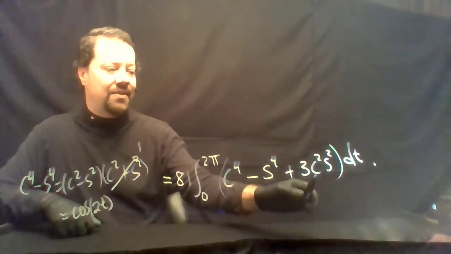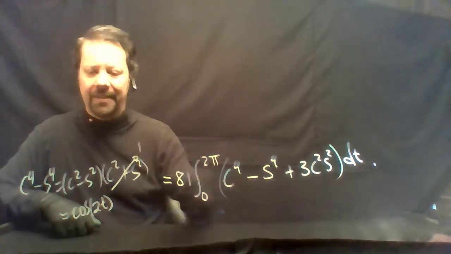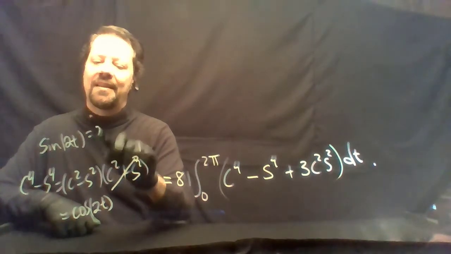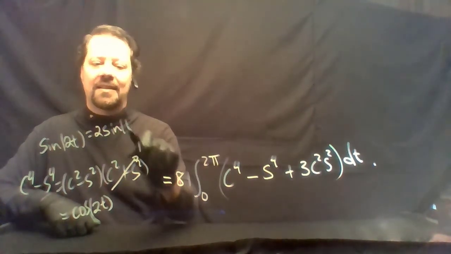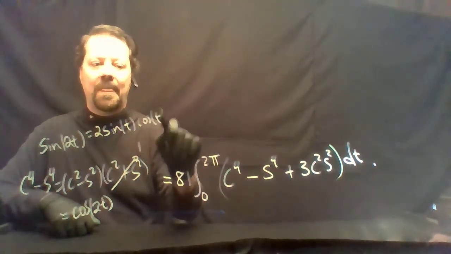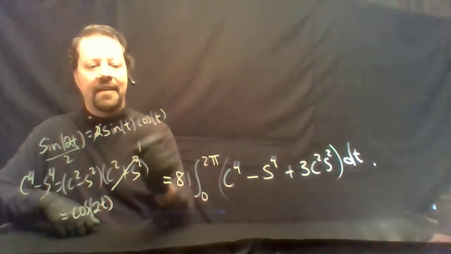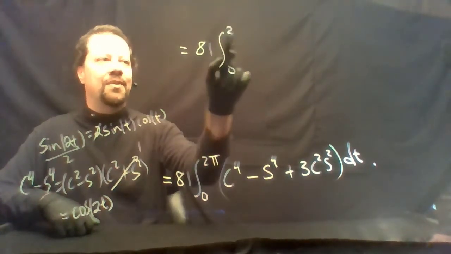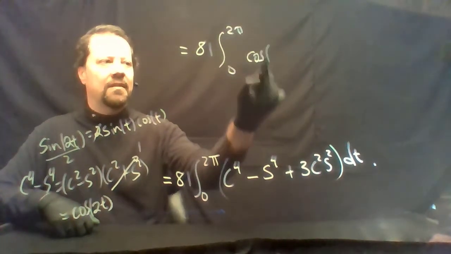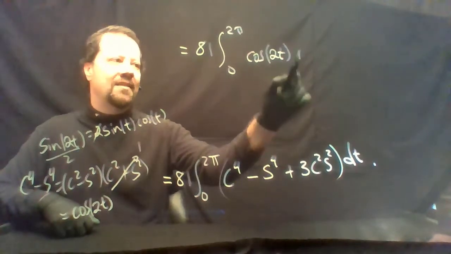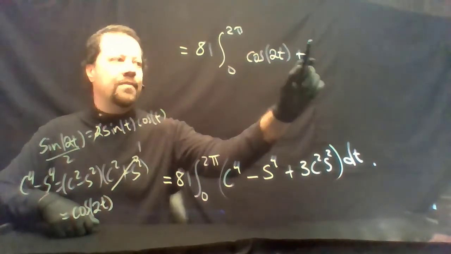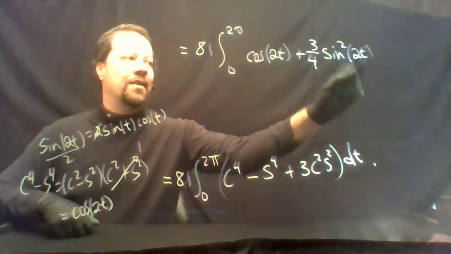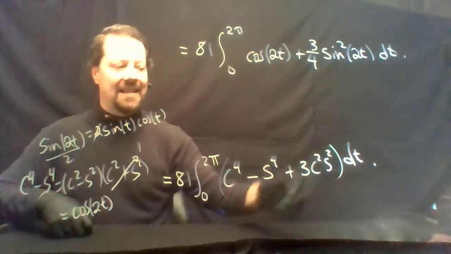Also, we have this cosine t sine t over here. You'll recall that the sine of 2t is twice the sine of t cosine of t. If we divide the 2 off and then square, we'll have 81 times the integral from 0 to 2 pi of the cosine of 2t plus 3/4 sine squared of 2t dt.